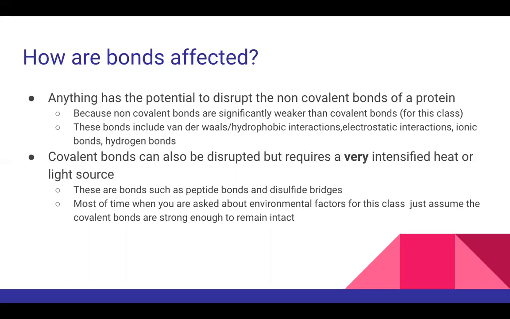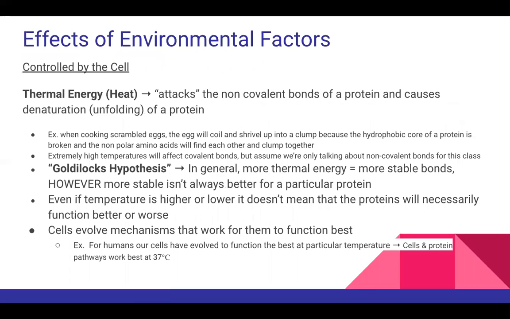No? Okay, I'm gonna keep going. These slides are just gonna break down a few of the environmental factors. The first of these factors controlled by the cell is thermal energy, also known as heat. Heat can attack the non-covalent bonds and cause denaturing to occur. An example of this is prevalent when you make eggs.